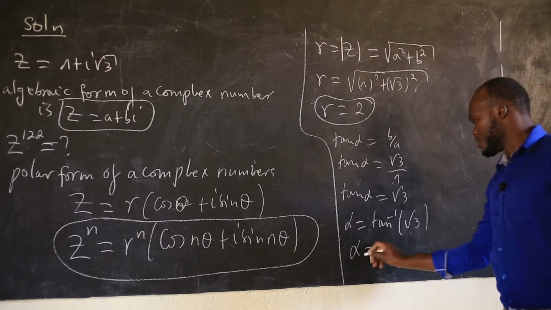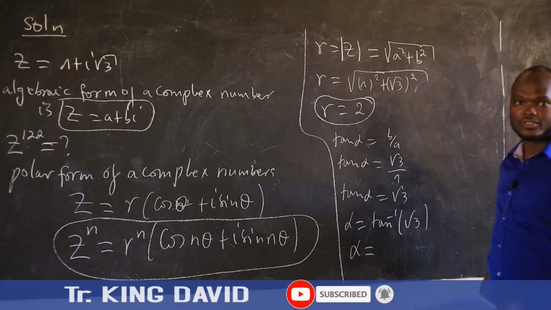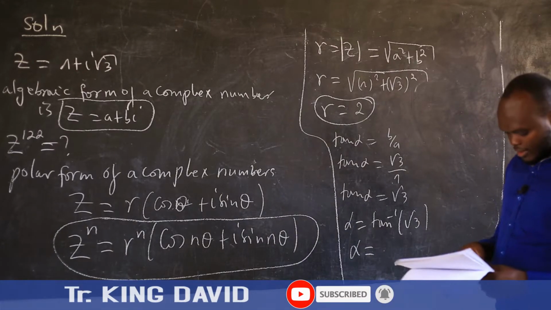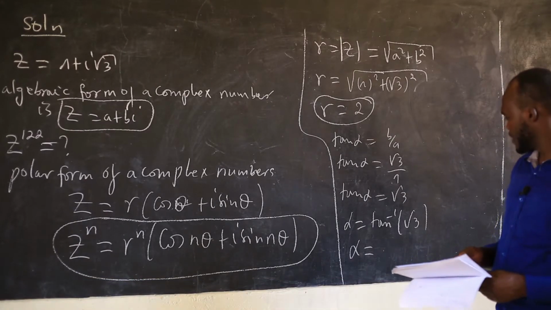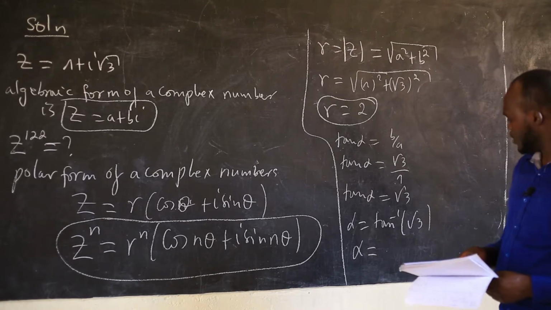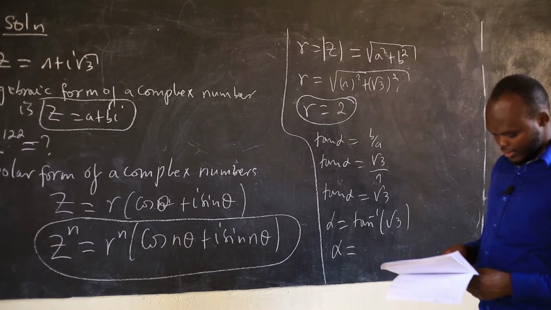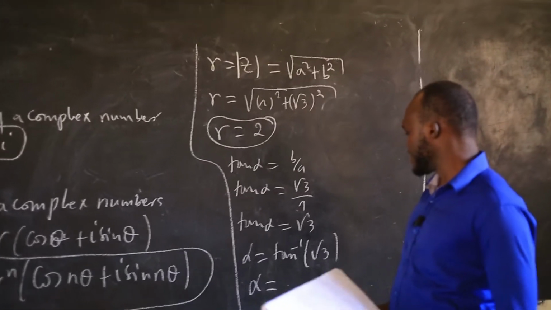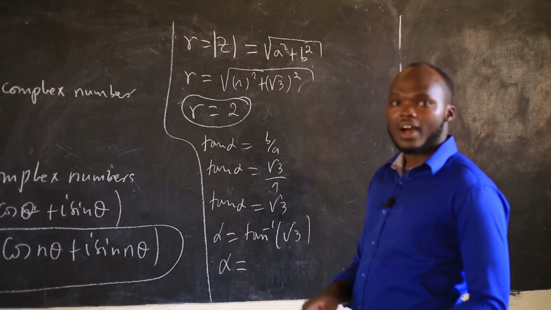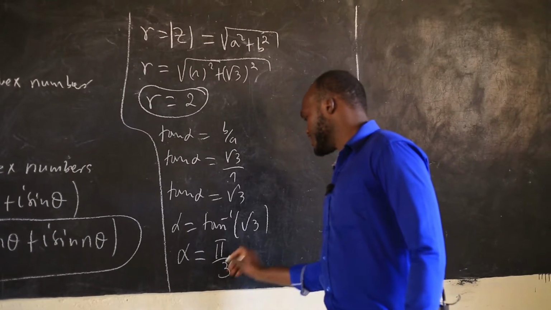We're going to use the calculator to find tan inverse of root 3. So the answer is 60 degrees, which is pi over 3.